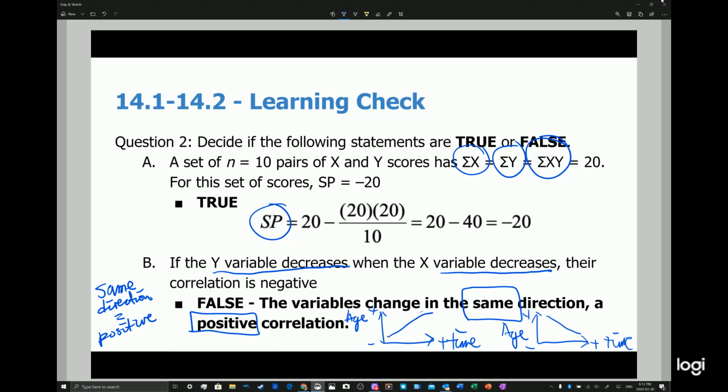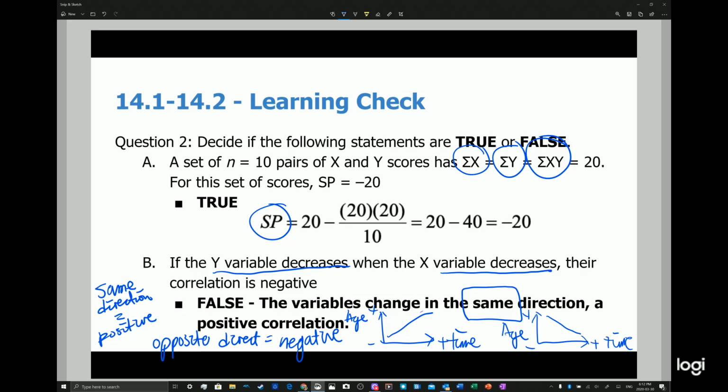If the variables change in the opposite direction, I'll write this fully here, and then that would be a negative correlation. Most of you probably already got this by now, but if you still find yourself stuck, just try a few examples.